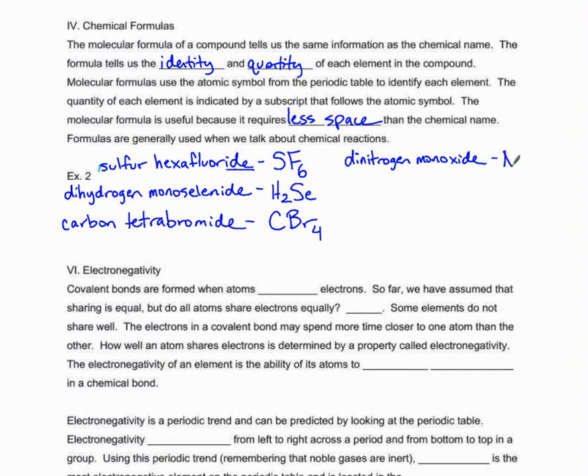Dinitrogen tells me 2 nitrogens, and monoxide means 1 oxygen. Next one, selenium trioxide. So no prefix for the selenium, just Se. And then trioxide tells me O3.